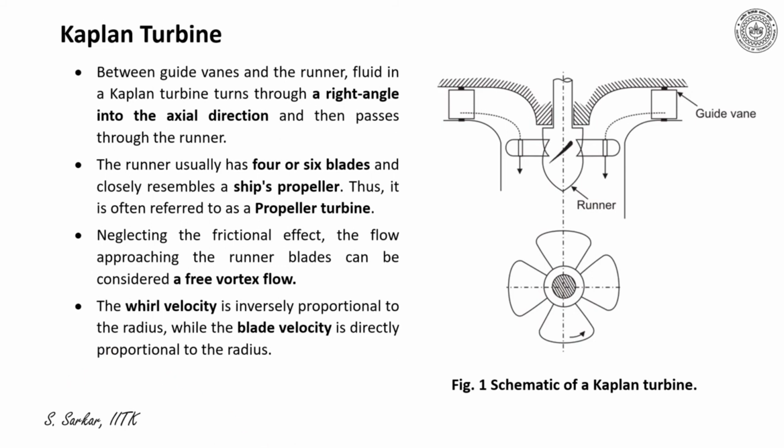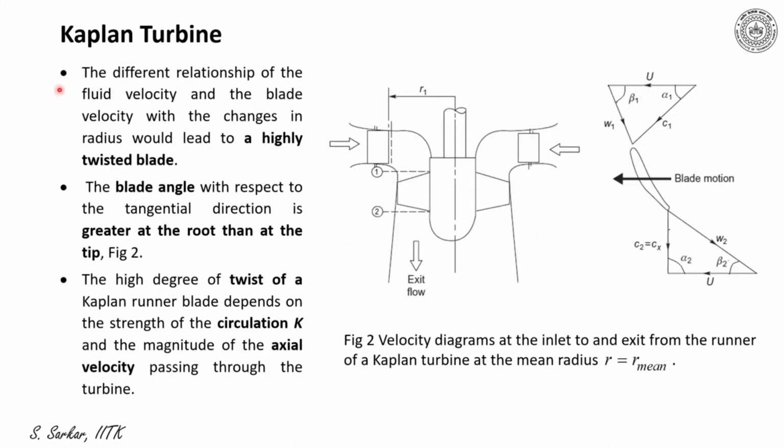Thus, I would like to say here that C theta component at inlet would be inversely proportional to 1 by r, and U, blade speed, would be proportional to r. The different relationship of the fluid velocity and the blade velocity with changes in radius would lead to a highly twisted blade for a Kaplan turbine.